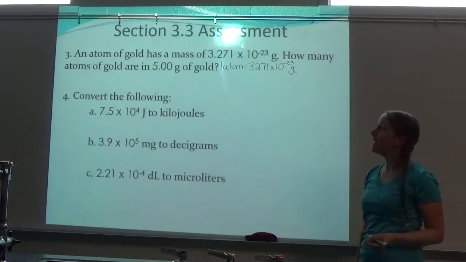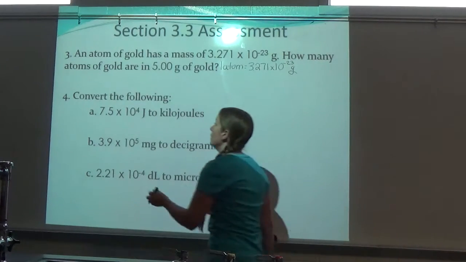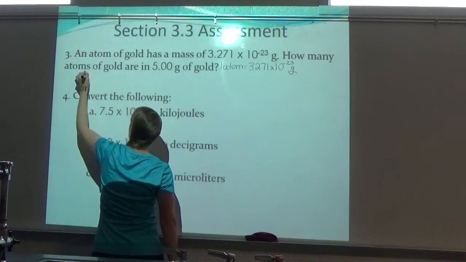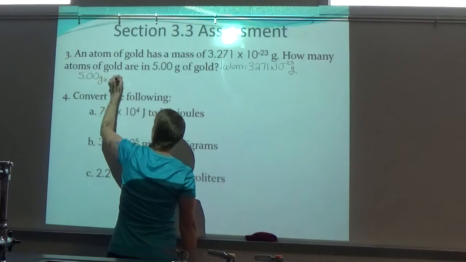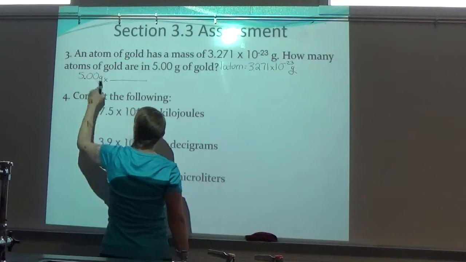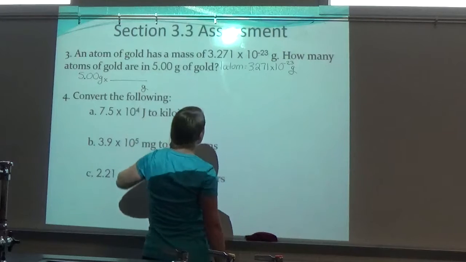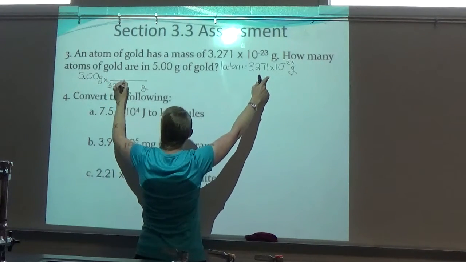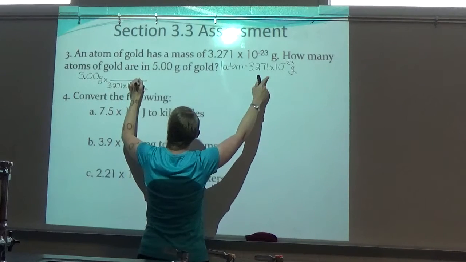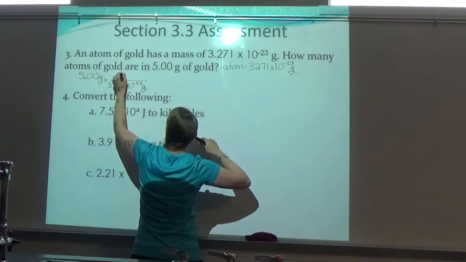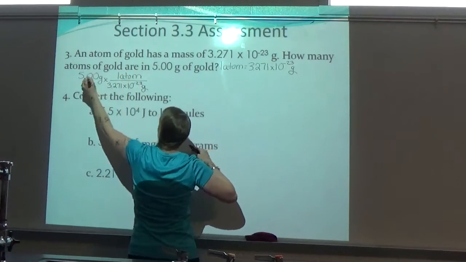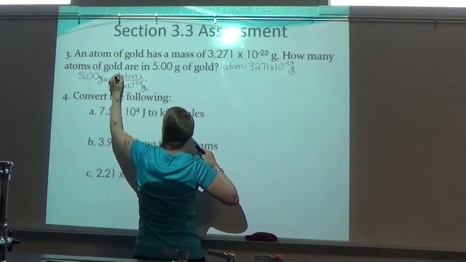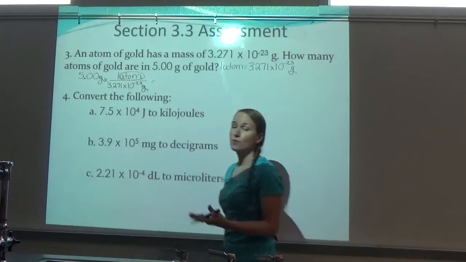It says how many atoms of gold are in 5 grams. So I start with my 5 grams. Golden rule says what goes on bottom? Grams does. So I'll look at my conversion factor and I'll put this big number, 3.271 times 10 to the negative 23 grams equals 1 atom. Grams cancel. I'm left with atoms, which is what I want.